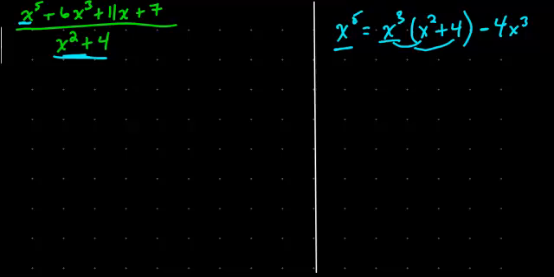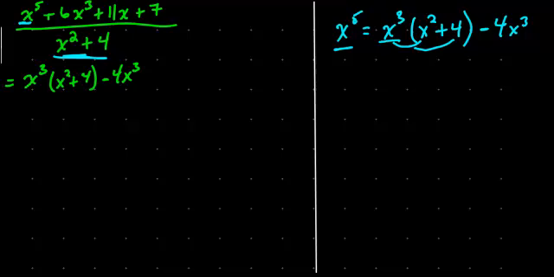Okay, so I can rewrite this side over here. Instead of writing x to the 5th, I can write x cubed times (x squared plus 4) minus 4x cubed.